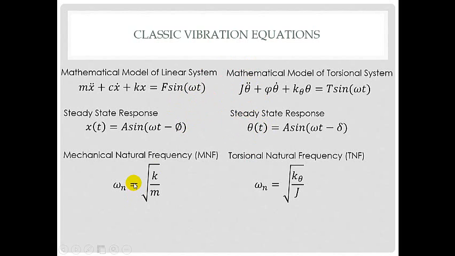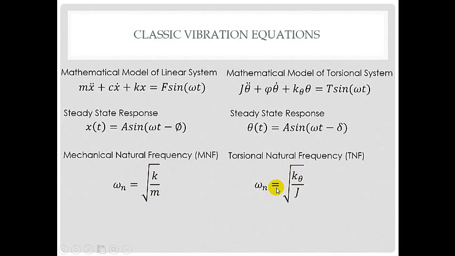So the last thing that's a really important concept, and I will go into more detail with that, is the mechanical natural frequency versus the torsional natural frequency. In the mechanical natural frequency, your classic equation is square root of k over m. Your natural frequency increases when your stiffness goes up. Your natural frequency decreases when your mass increases.